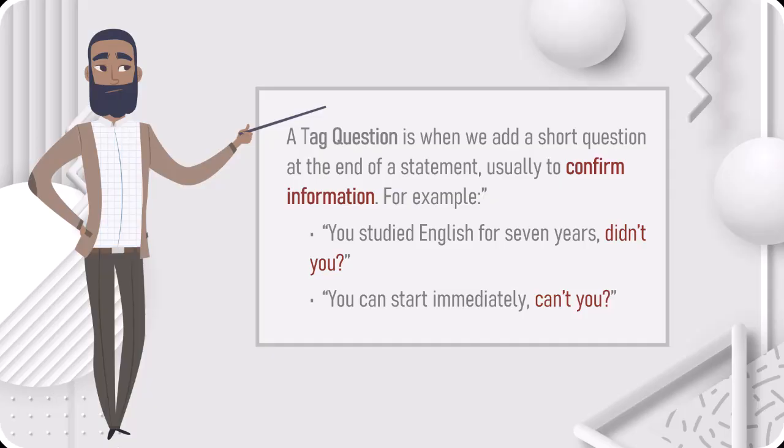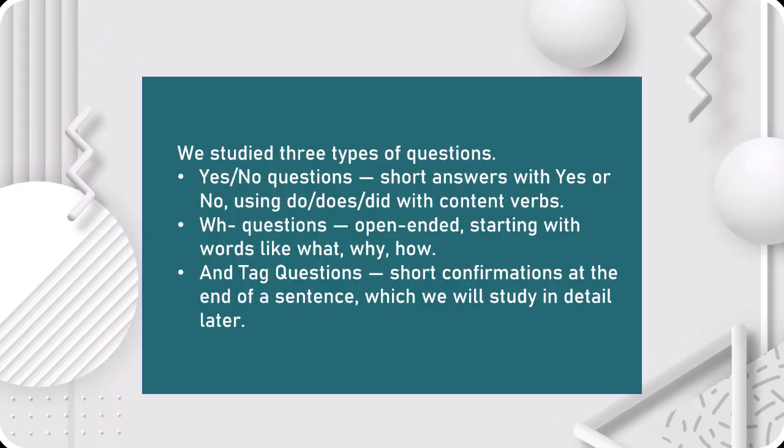That is just to confirm. You can say, yes, I did, or no, I didn't. Second example, you can start immediately, can't you? That is to find out if you can start right now, or if you can't. This is the role of the tag question, but for the structure and any other tips, we are going to handle that in future videos.